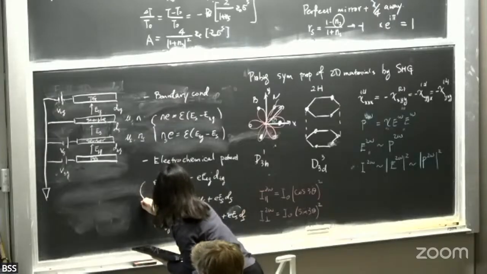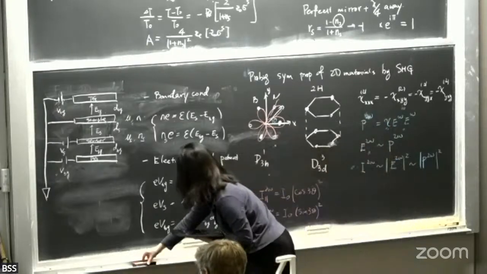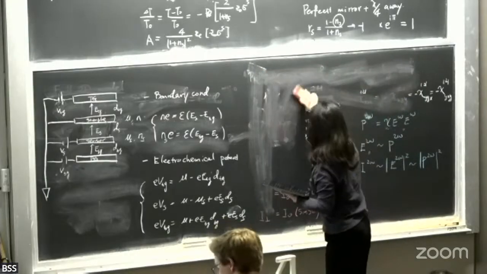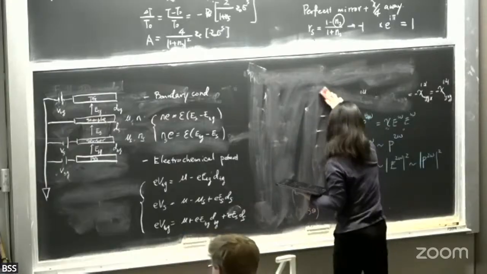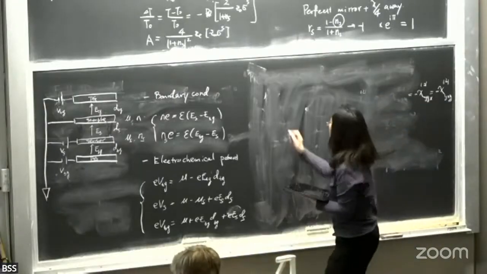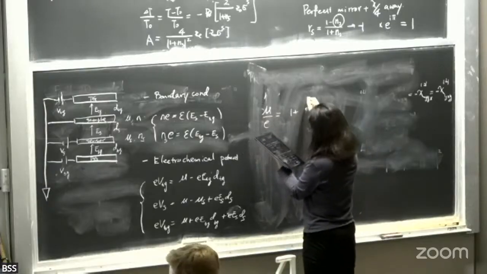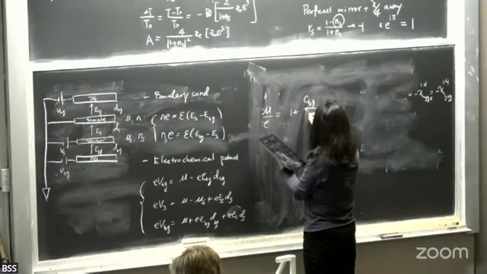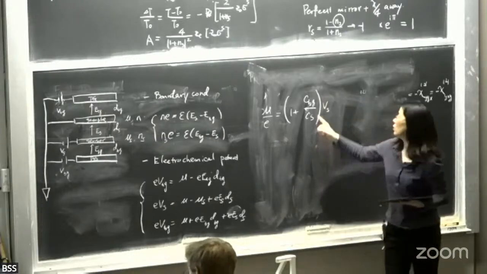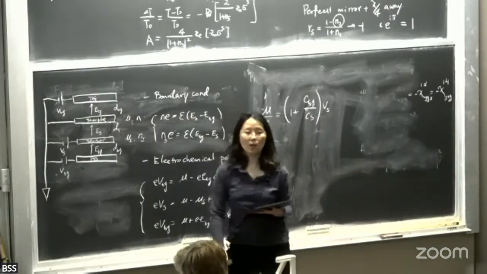Okay. And now you can solve these equations, so 5 of them, and express this for the chemical potential in your sample. So now mu over E is going to be 1 plus CBG over CS times VS. So those are the capacitances related to the distance and epsilon.